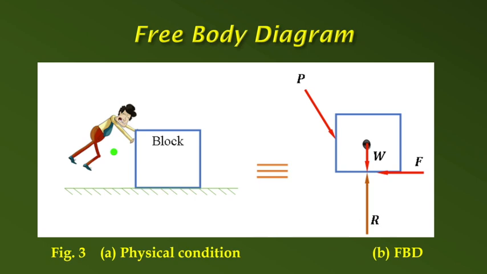Now, you need to know what forces are involved. We know that to draw the free body diagram, the body should be free from all contact surfaces. So for this block, what are the contacts? It is the floor, and the other contact is the man.